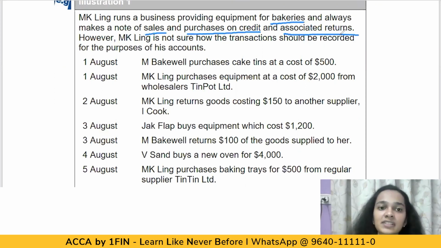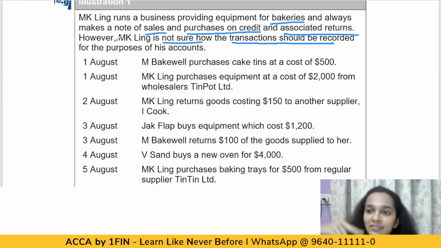He is into the business of providing bakery equipment, and he always makes a note of any sales and purchases which he makes on credit, and also the returns which are being made. However, MK Ling is not sure how the transactions should be recorded for the purpose of his accounts.